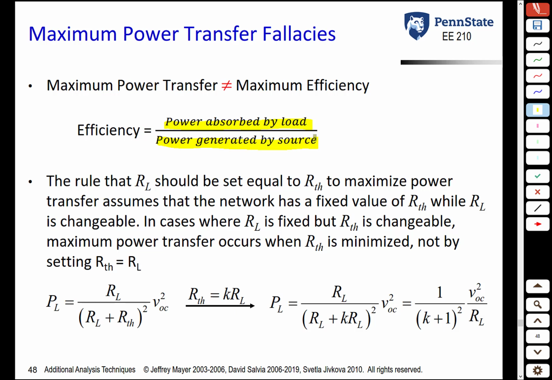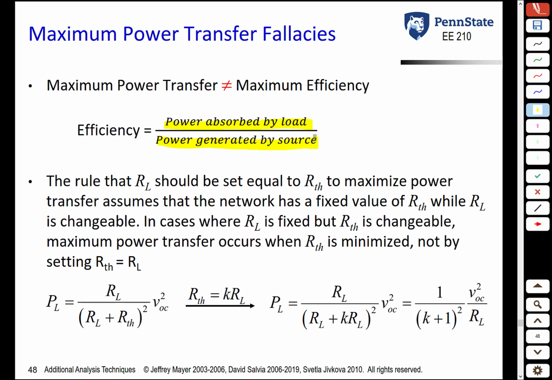The second fallacy that people have is they think that setting the load resistance equal to the Thevenin resistance of the circuit to maximize power transfer is the same thing as setting the Thevenin resistance equal to the load resistance. So in a normal situation, you don't really control R Thevenin. R Thevenin is the Thevenin resistance of the circuit that you're dealing with.